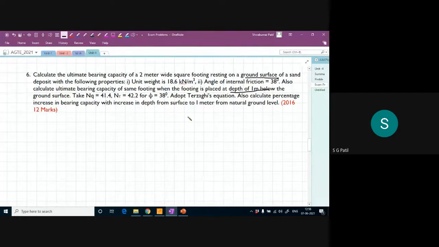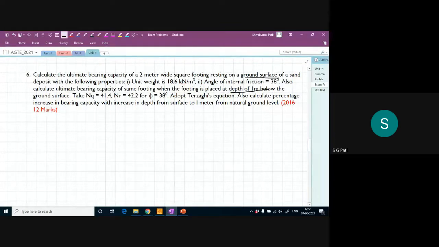If the same footing is placed at the ground surface, they are asking you to calculate the bearing capacity. In case one, you calculate without any depth. In the second case, you put your foundation at 1 meter depth and then calculate the bearing capacity. Then look at how much the bearing capacity changes because of the depth of the foundation.